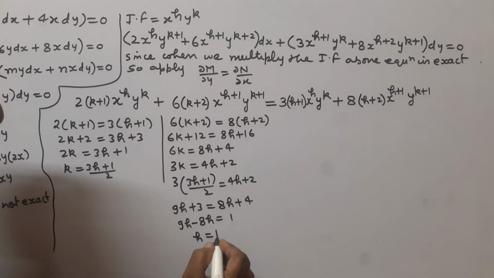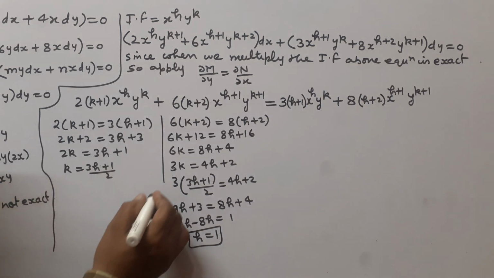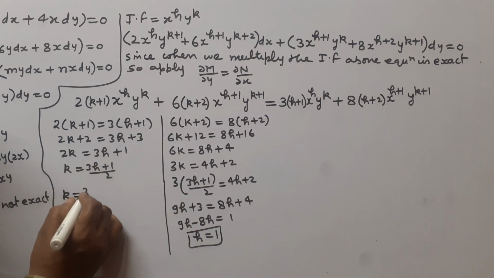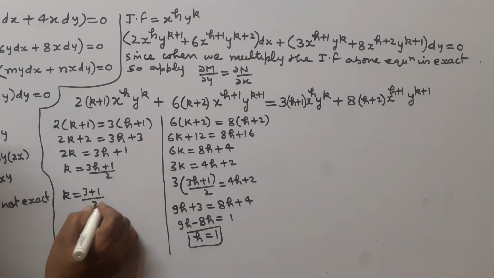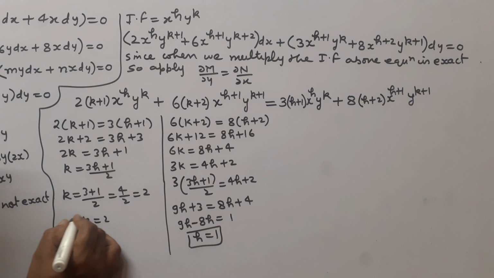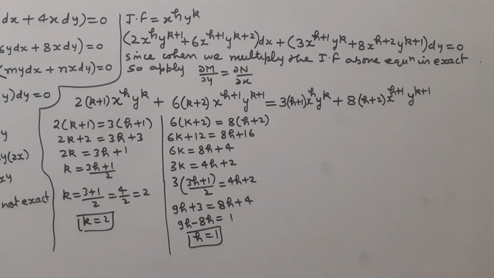So h is equal to 1 here. Put the value of h in this, we get 3 plus 1 upon 2, this is 4 upon 2, so k is 2 here. So we can see here h is equal to 1 and k is equal to 2.